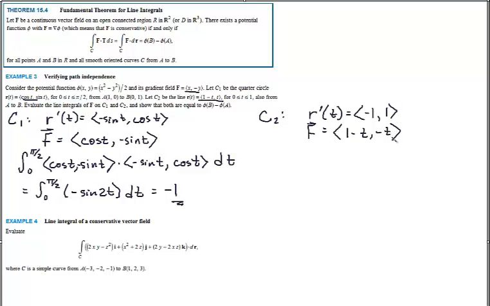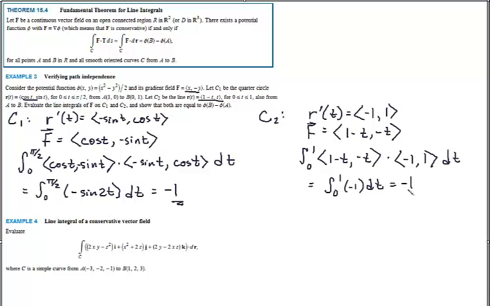Right, I'll do that integral, and that will be from 0 to 1 using my f vector dot product with my r prime with respect to t. You will then get the integral from 0 to 1 of -1 dt, and that equals -1, meaning that they are the same.